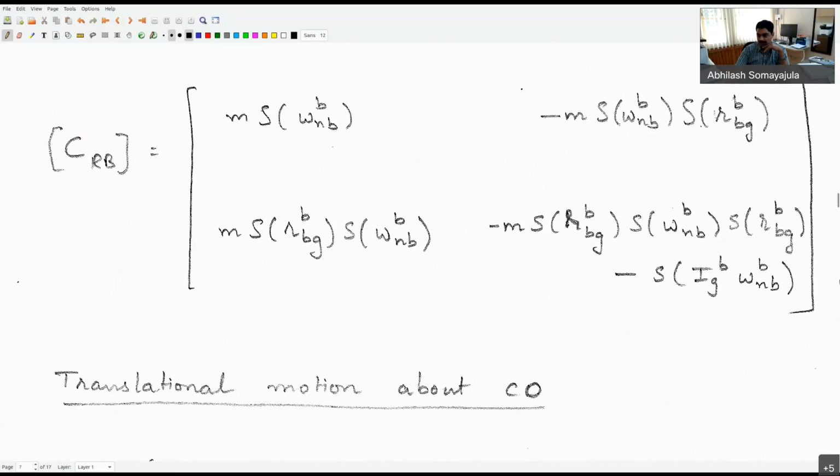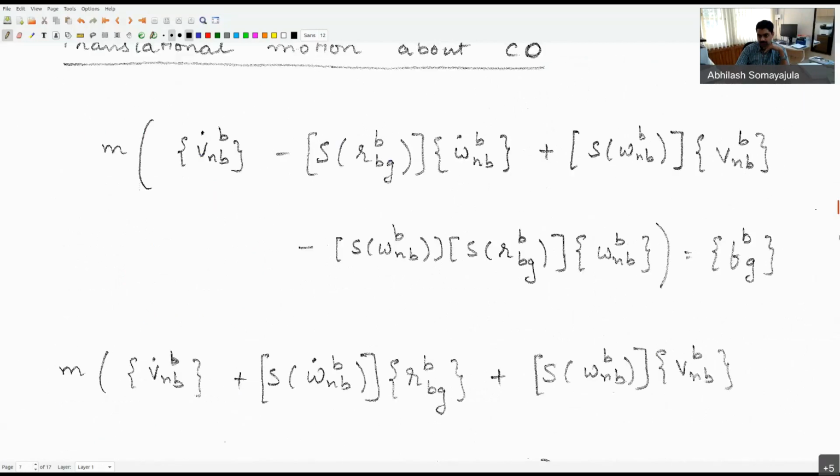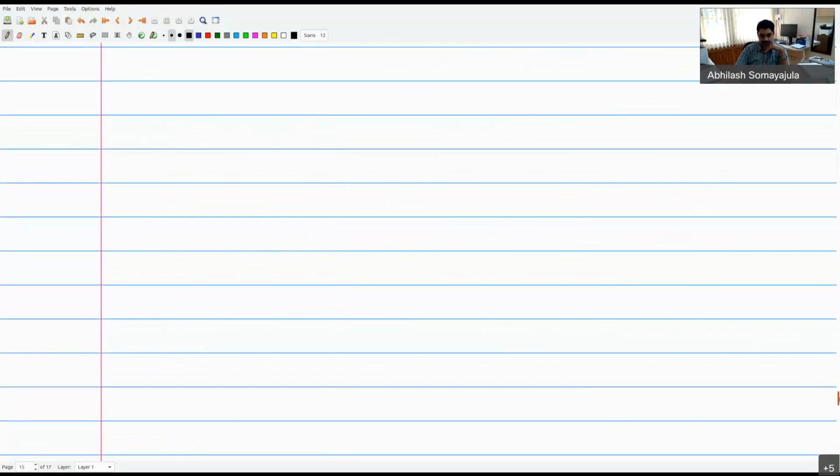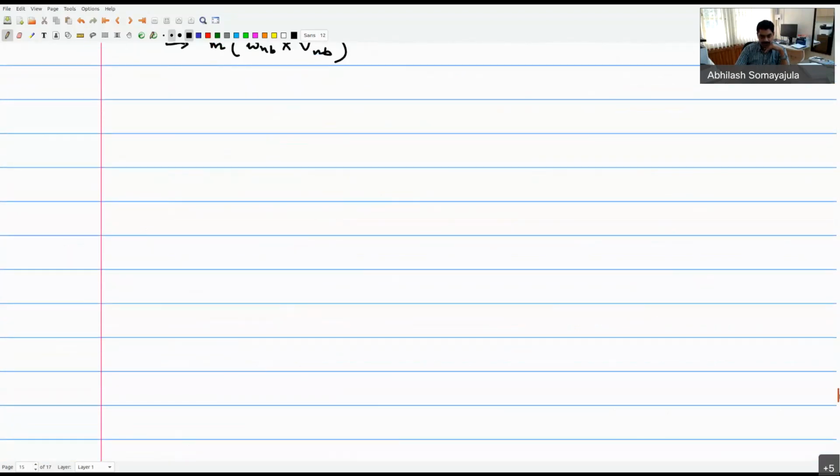Okay, so maybe it will be worthwhile to write down that expanded form somewhere here. So what we are going to do is write down the expanded form and see how this matrix is coming about. Okay, all right, let me write it out.